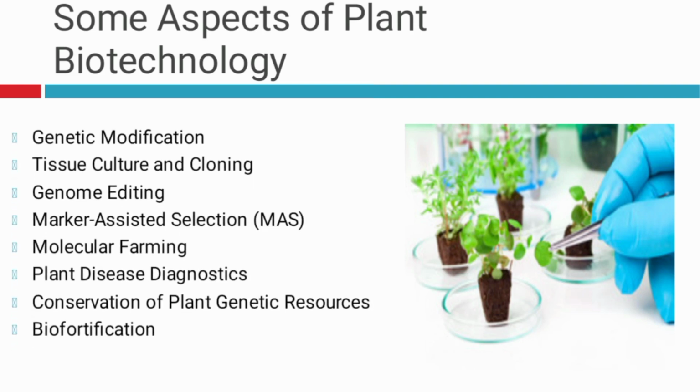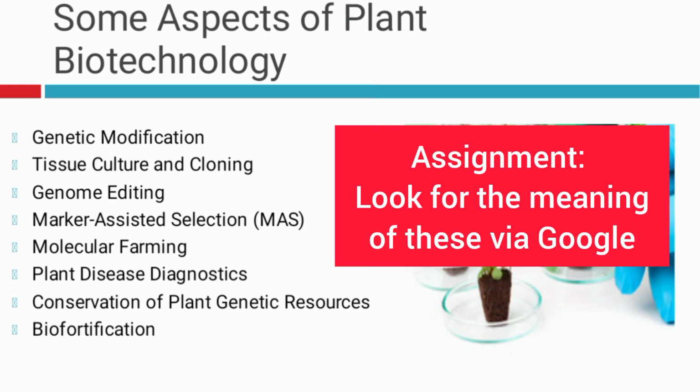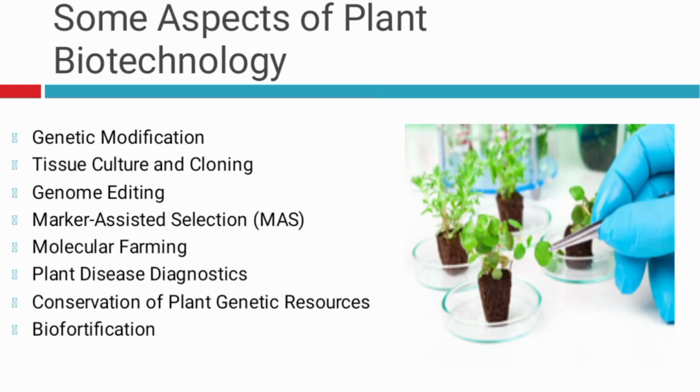So, some aspects of plant biotechnology we're going to be looking at are genetic modification, tissue culture and cloning, genome editing, marker assisted selection, molecular farming, plant disease diagnostics, conservation of plant genetic resources, and biofortification.